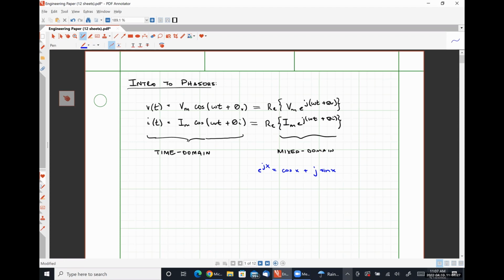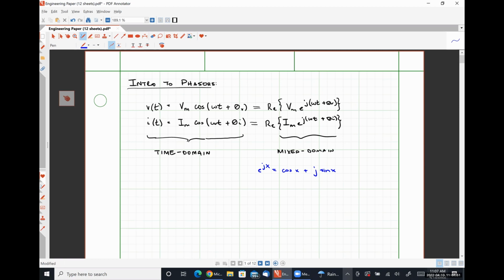So when I say our time domain signal is just the real part of this, it's literally just the cosine part. It's not the part that includes the imaginary operator j, okay? So here is where we are going to introduce the concept of a phasor, okay?